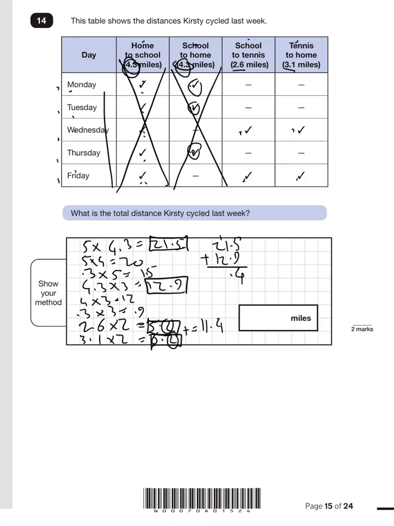Decimal point 1, 2, 3, 4. 34.4. And if we add 11.4 to that, we get the answer of 45.8 miles.